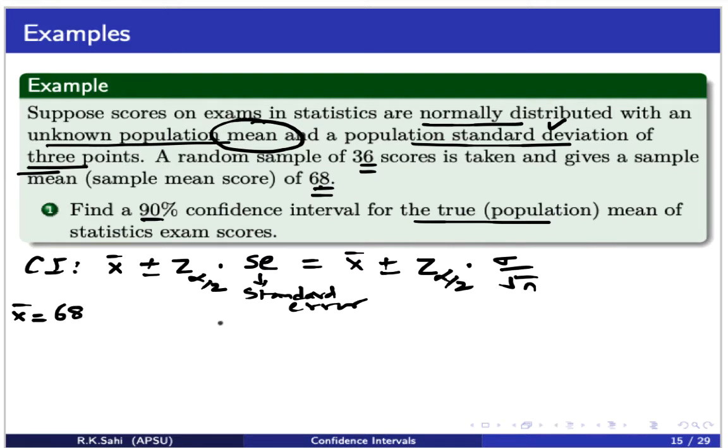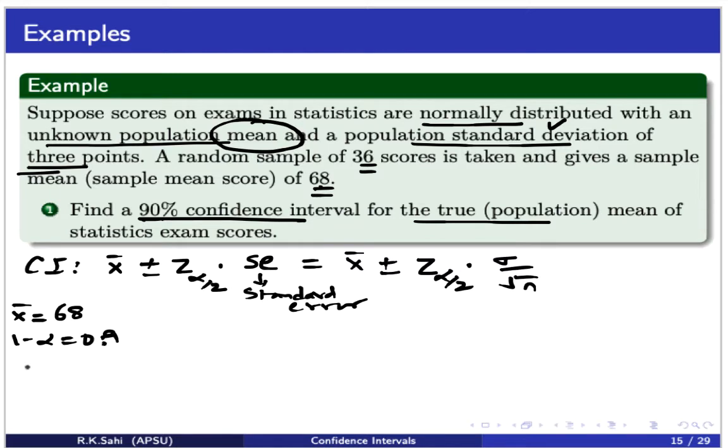We need to know alpha. Now remember, this is confidence: 90% confidence means 1 minus alpha. So we are given 1 minus alpha to be 90% or 0.9.